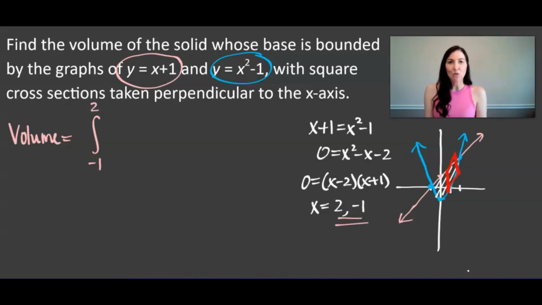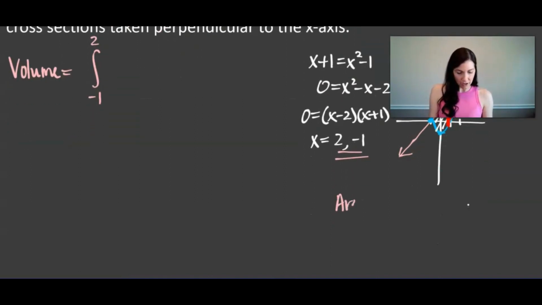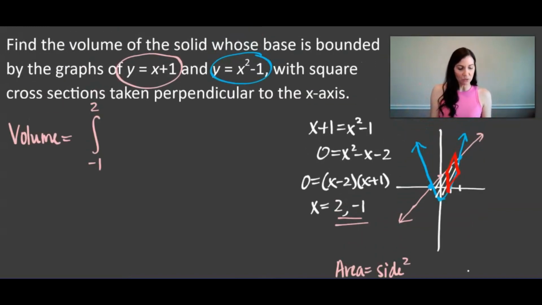Now we need to write the area of each square. So the area of a square is going to be one side of the square times itself, side times side, or side squared. So to get one side of this red square, we would need to take the top function minus the bottom function, or the linear function in pink, minus the quadratic function in blue.